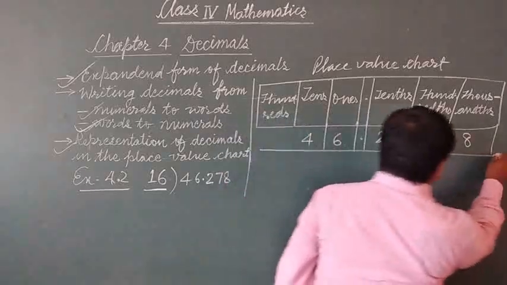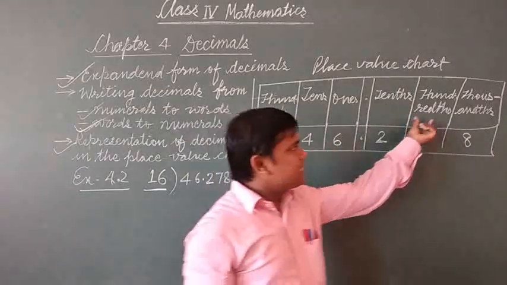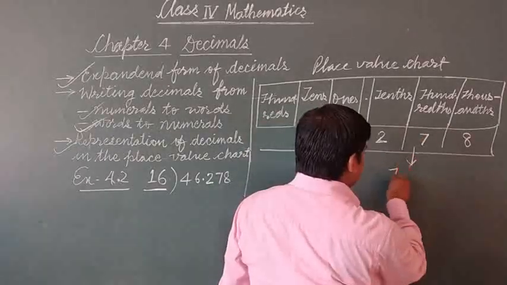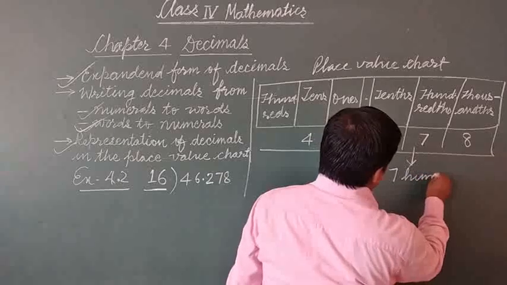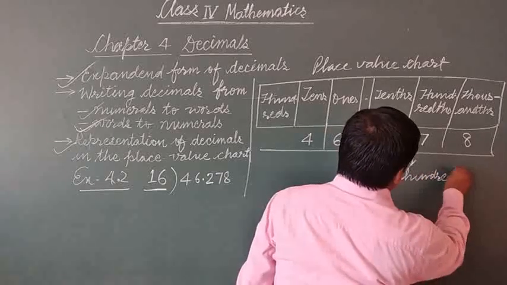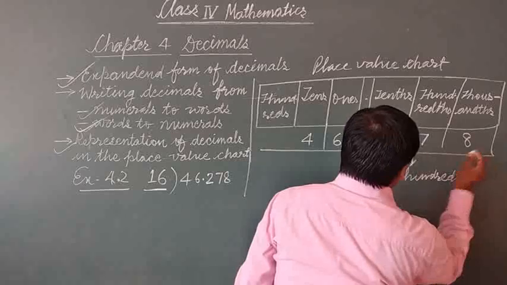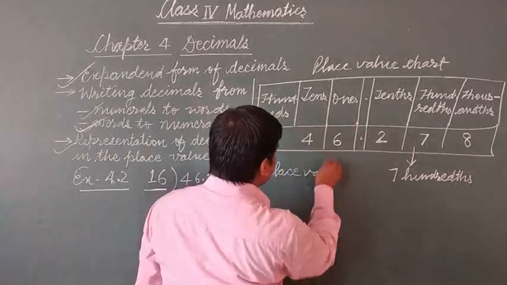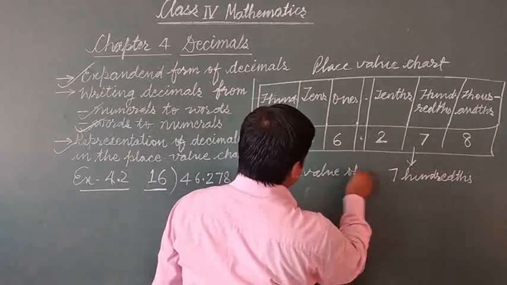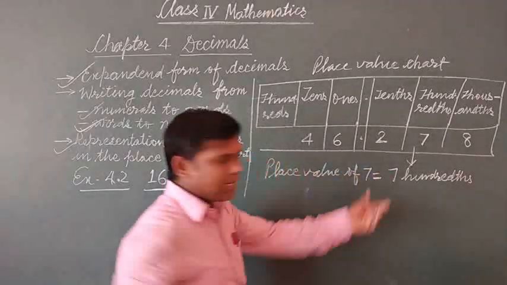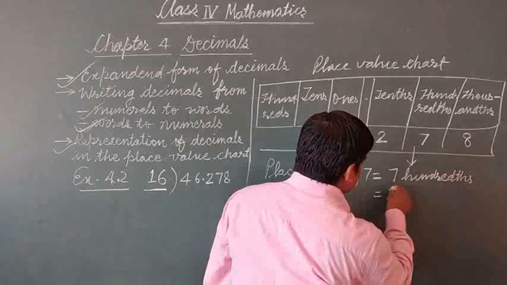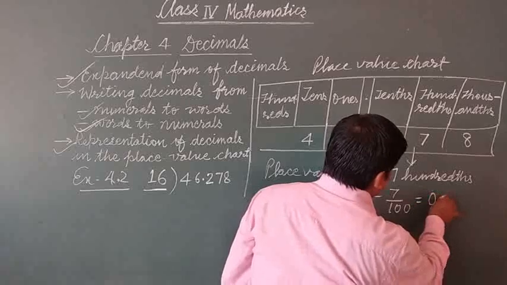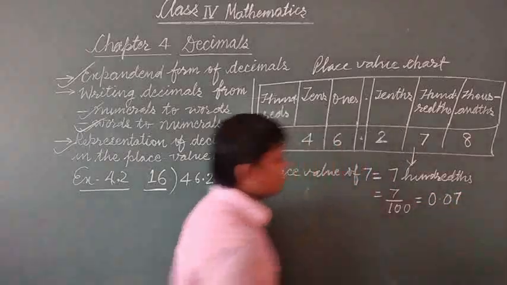What is the place value of 7? As you are seeing here, 7 comes at hundredths place, so the place value of 7 in this case is 7 by 100, and in decimal we write 0.07.